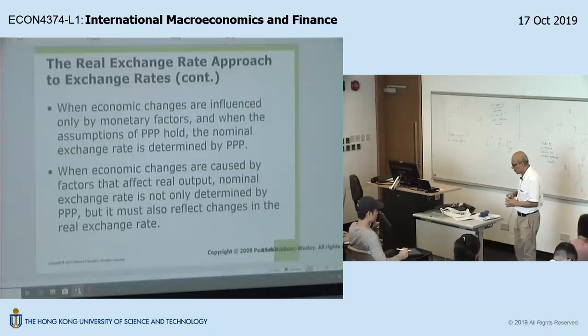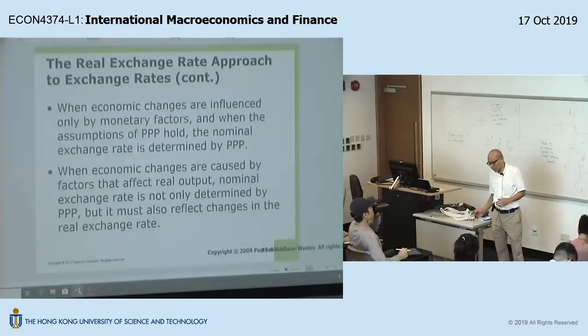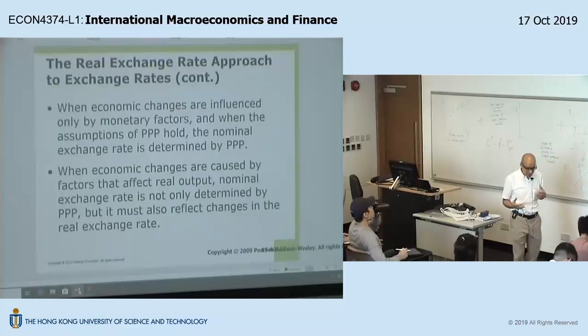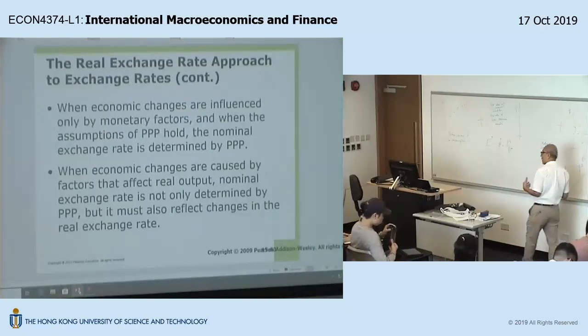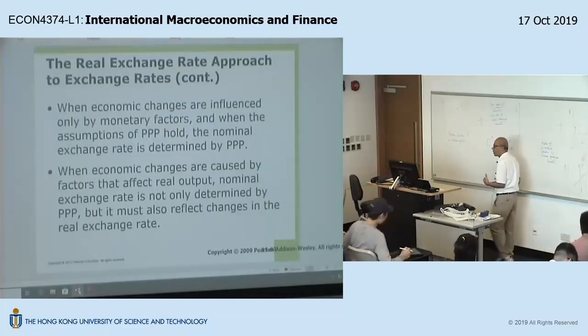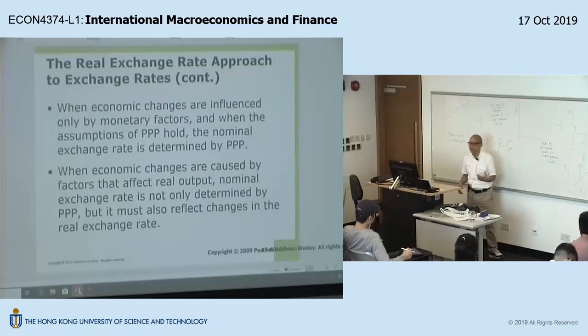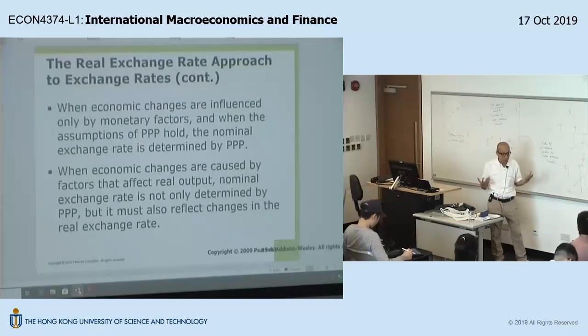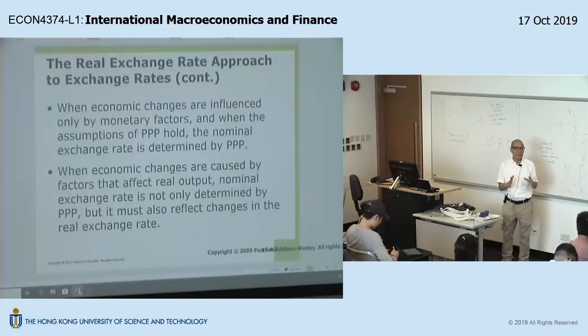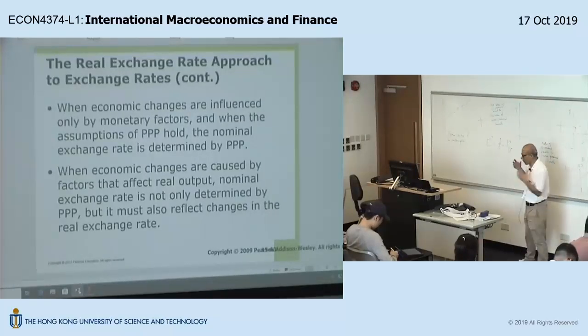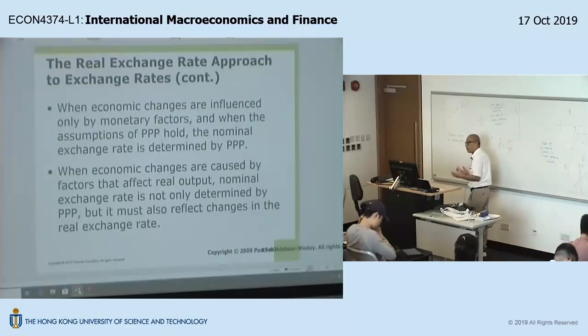These are factors that may prevent PPP from holding in the long run, even when the factors are purely monetary in nature. But we tend to think that these are relatively minor, so they're sufficiently close. If all the factors are monetary in nature, then PPP would tend to be close to correct.